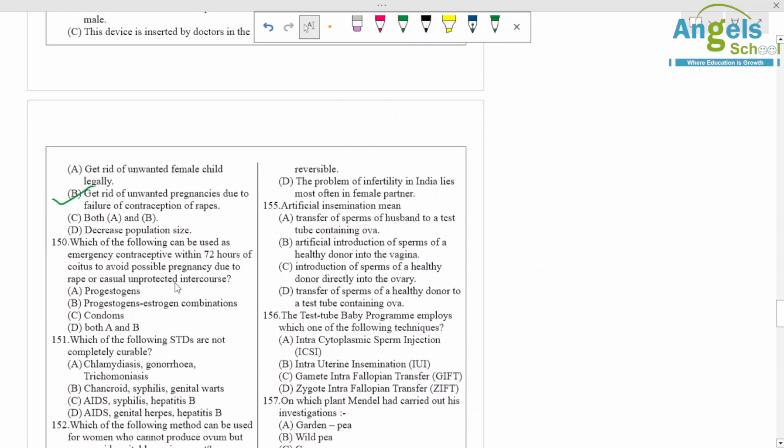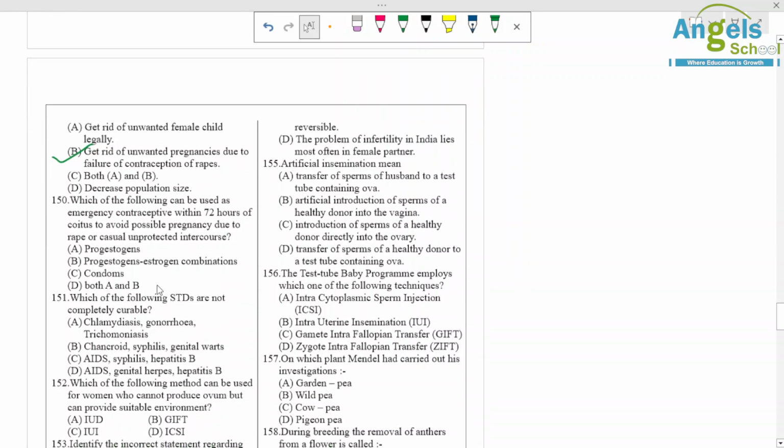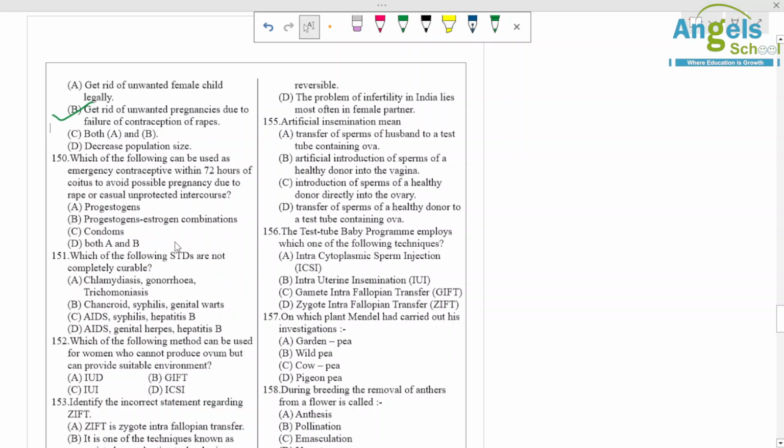Question number 150. Which of the following can be used as an emergency contraceptive within 24 hours of coitus to avoid possible pregnancy due to rape or casual unprotected intercourse?